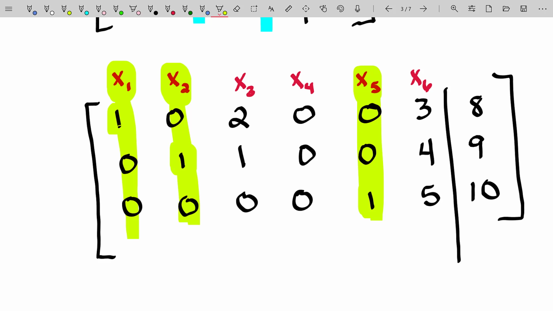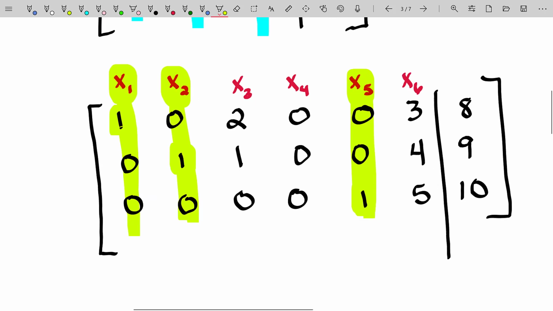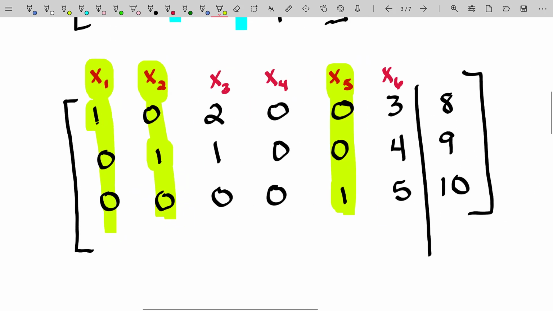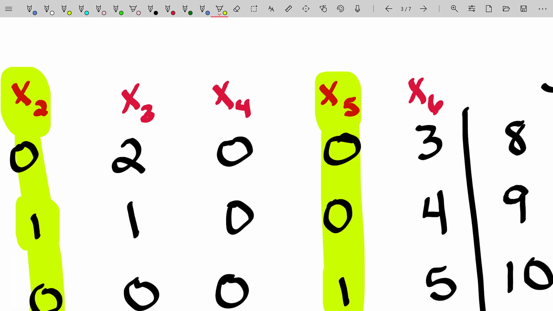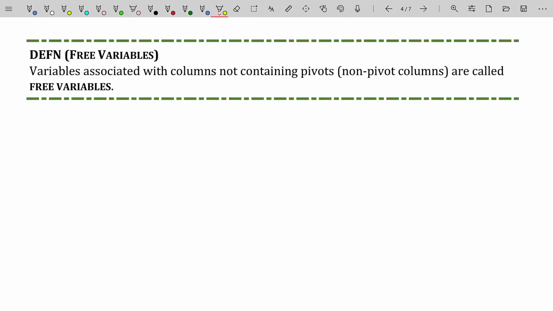Well, if we have a definition for what these basic variables are, what would we call x sub 3, x sub 4, and x sub 6? Well, that's where this definition comes in. Free variables. Variables associated with columns not containing pivots, which I would just call non-pivot columns, are called free variables.